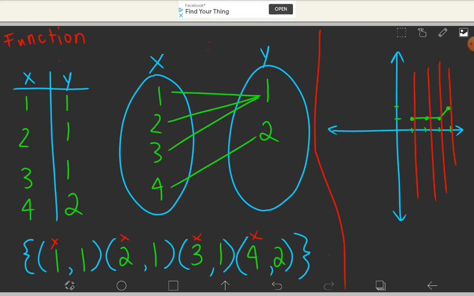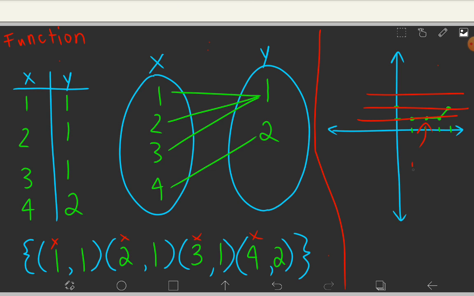And we can see that every time we draw a vertical line, it will only intersect once. We can do the same thing to find if it is a one-to-one function using horizontal lines. And when we do that, we see that it intersects more than once right there, which is y equals 1, where we have repeating y values.